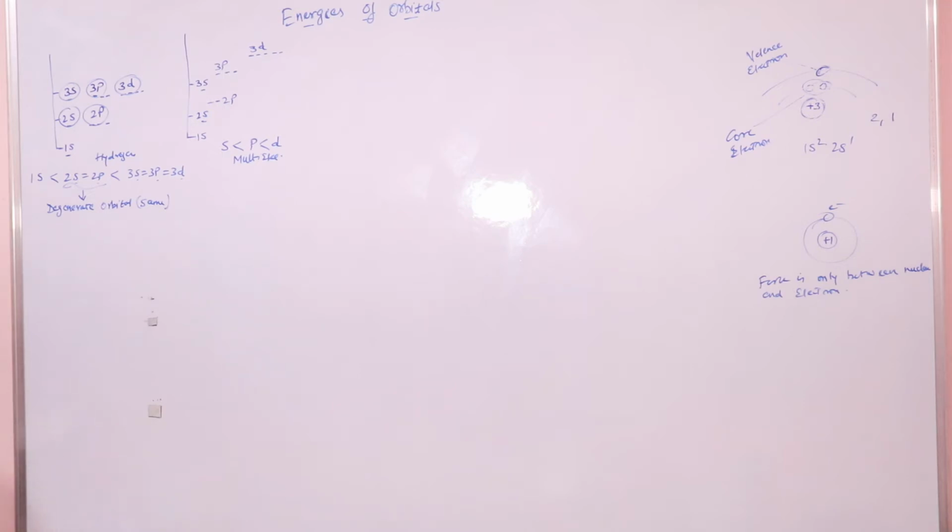If you look at the hydrogen atom diagram, I mentioned that the force is only between the nucleus and the electron, meaning there is only one force of attraction. The only electrical interaction present in the hydrogen atom is the attraction between the negatively charged electron and the positively charged nucleus.